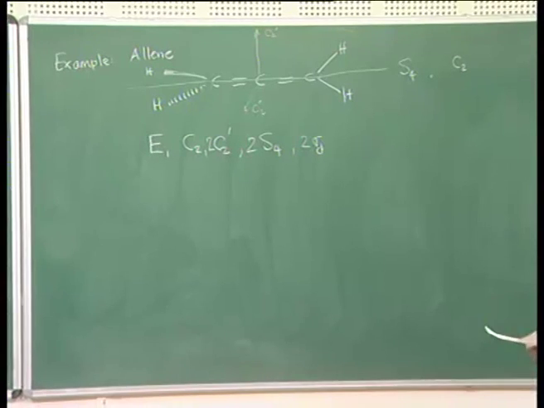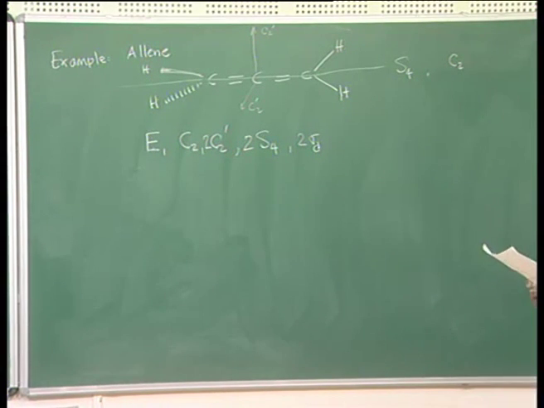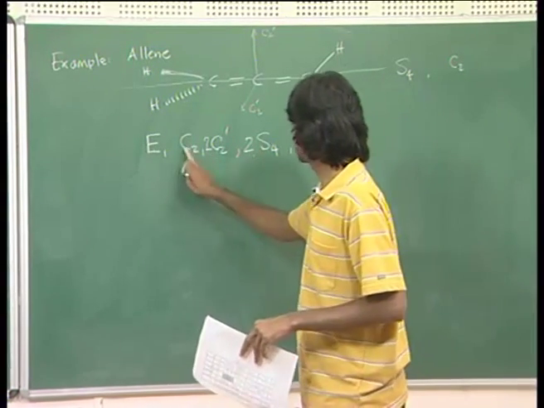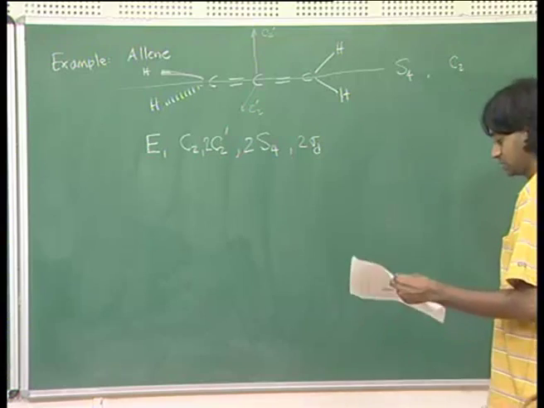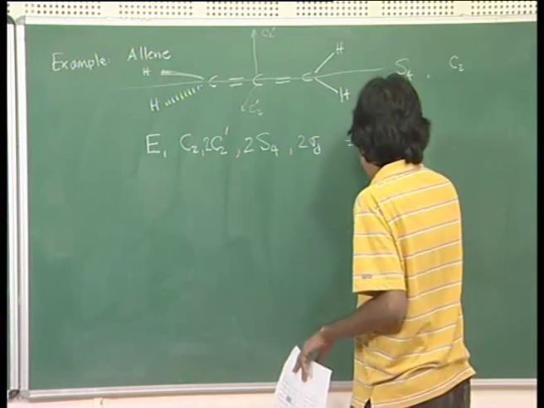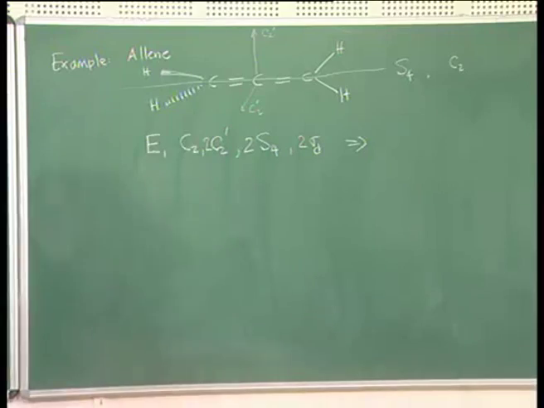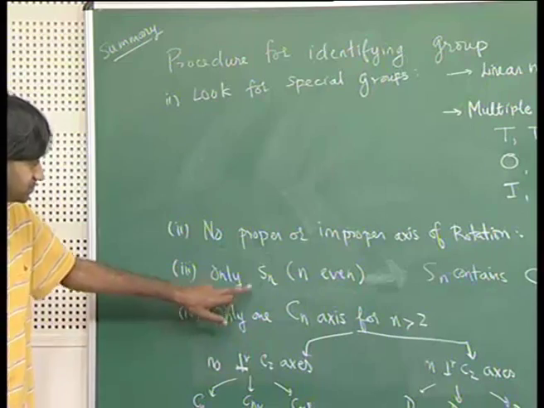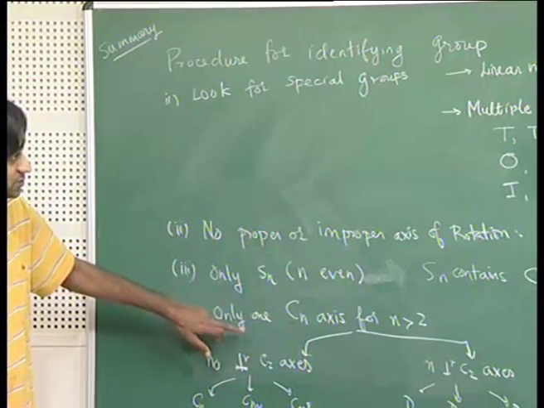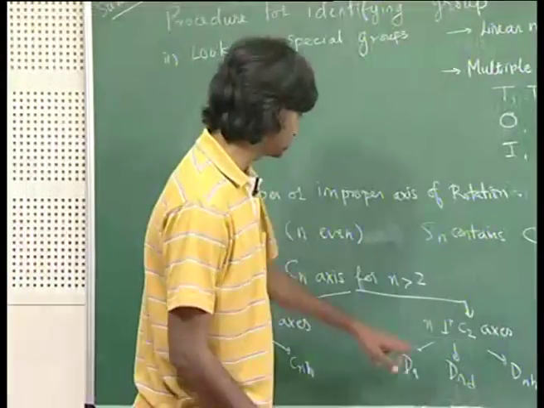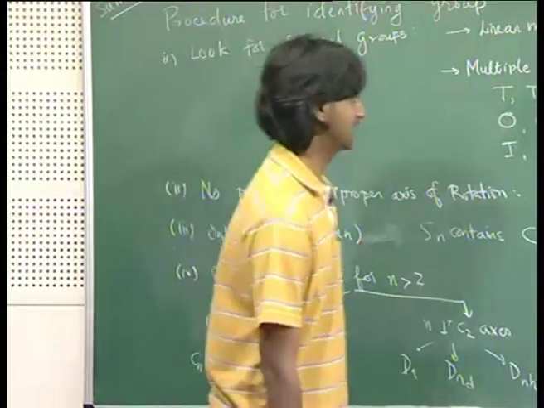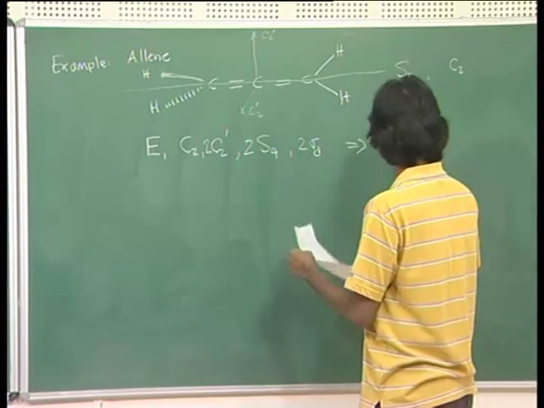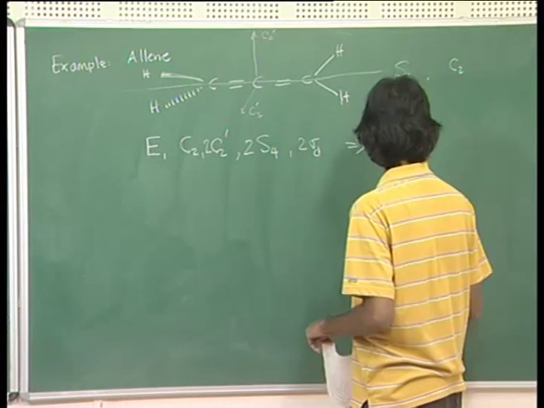So you can list the various classes in this way, and so there are 2, 4, 6, 7, 8 operations. If you follow this classification scheme, you have one Cn axis, that is one S4 axis, and you have no perpendicular C2 axis. So you can show that this is in D2d.